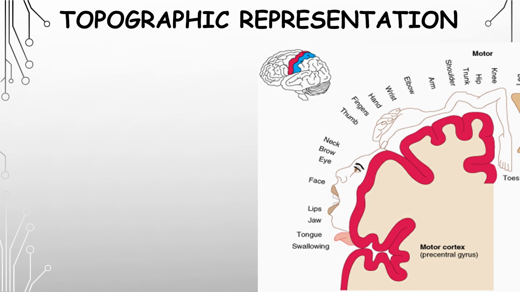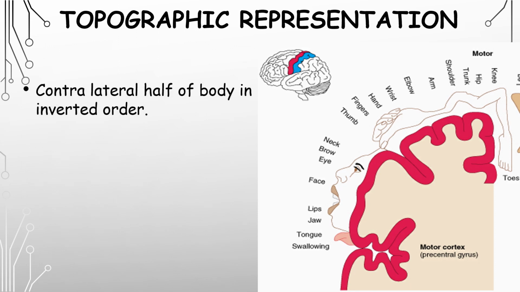Topographical representation. Different parts of the contralateral half of the body are represented separately in more or less inverted order. Those parts of the body which carry out the most skilled movements, for example the fingers and the thumb, have the largest areas of cortical representation here.